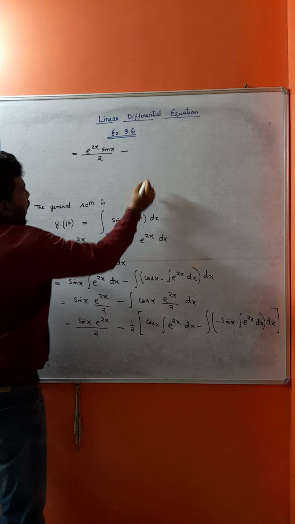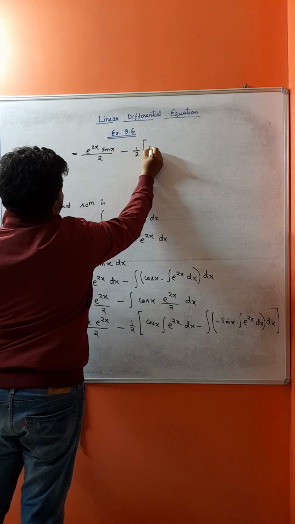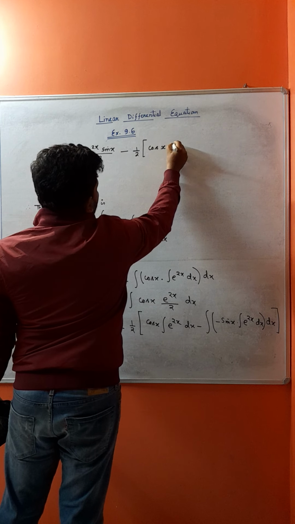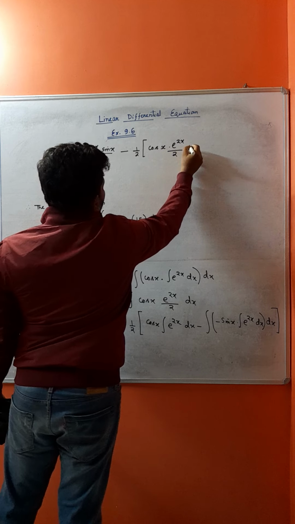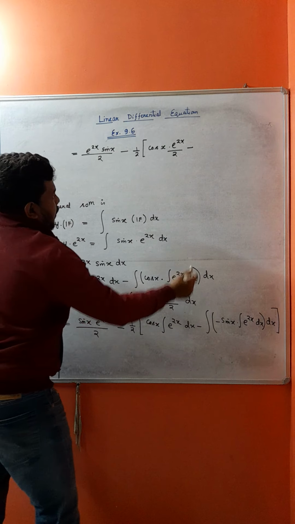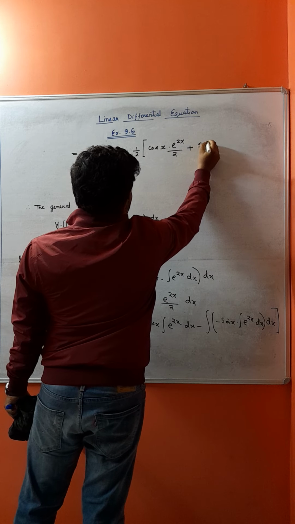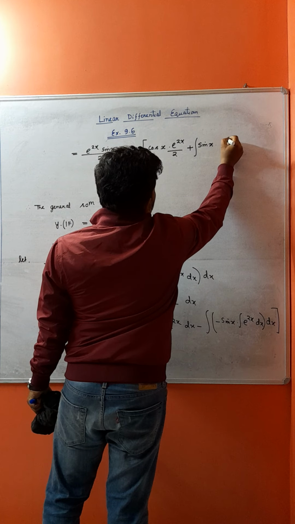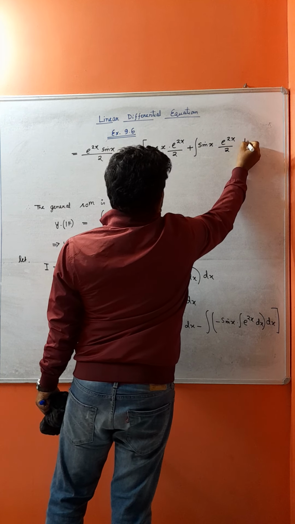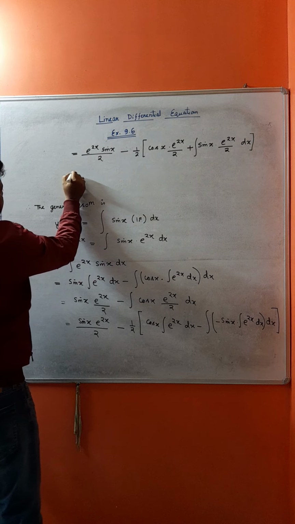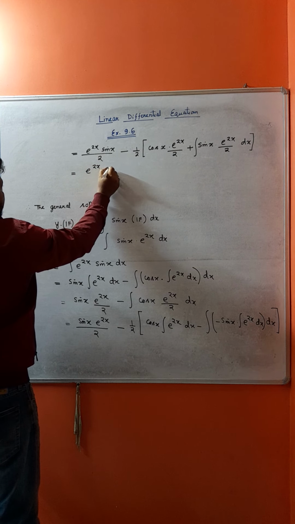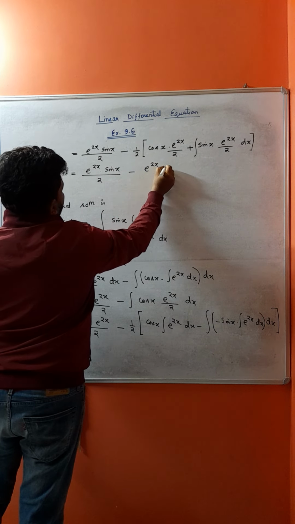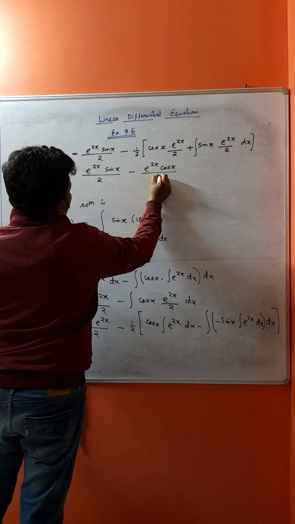This is half into cos x into, for e to the power 2x, it is e to the power 2x by 2, minus minus plus sin x e to the power 2x by 2 dx. Now you multiply e to the power 2x into sin x by 2. This is e to the power 2x cos x by 4.